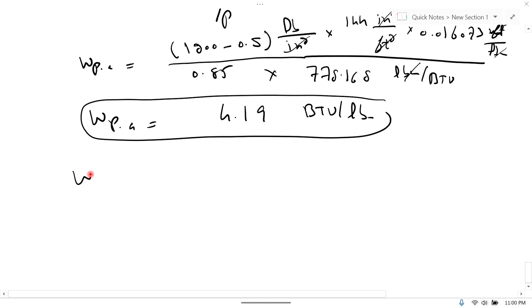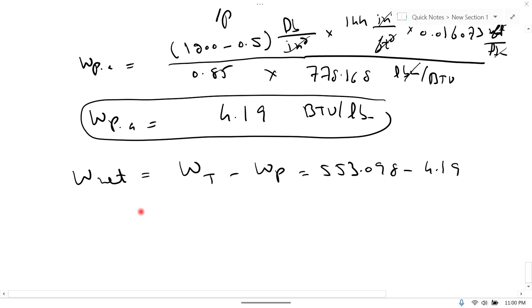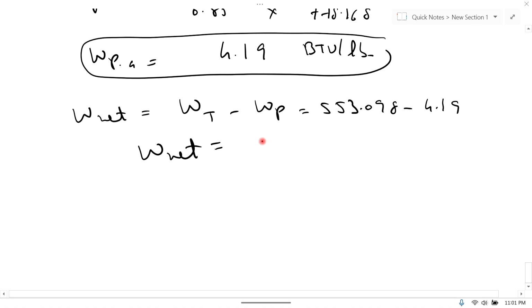Now we can find the net work done, which is equal to work of turbine minus work of pump. So work of turbine is 553.098 minus work of pump 4.19. So net work is equal to 548.908 BTU per pound mass.